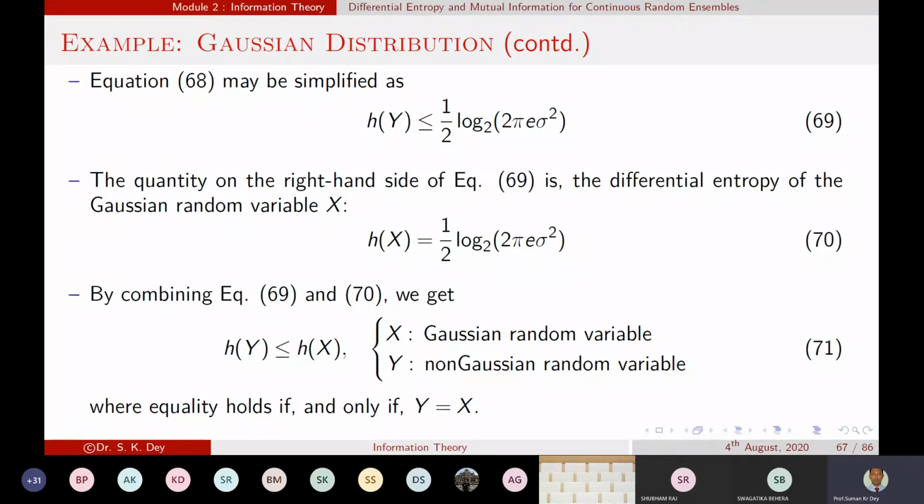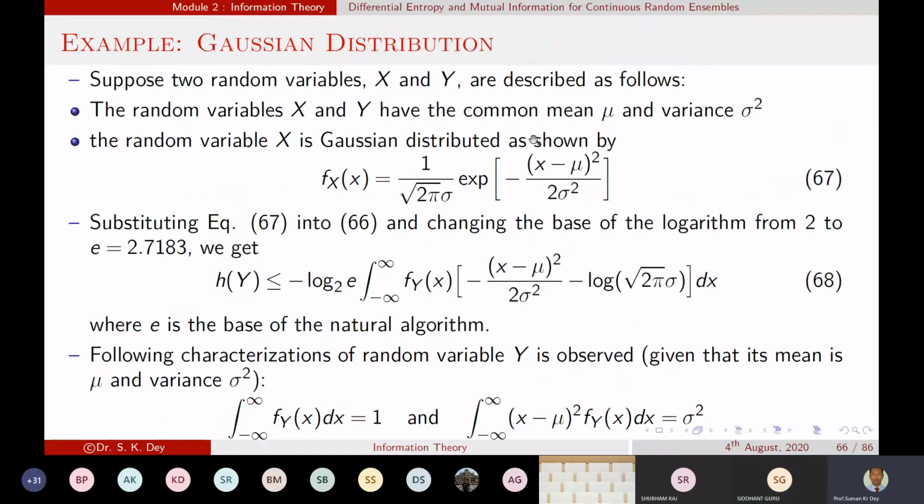For that base changing part, the base changing part is there because this log is basically log base e.